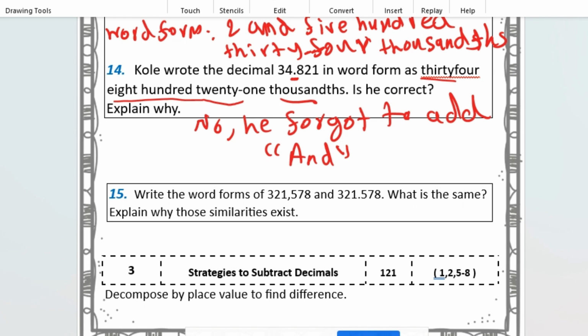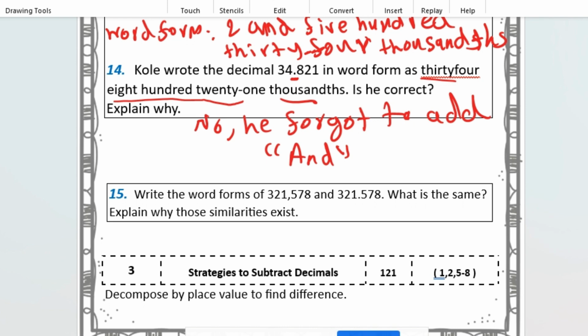Here, this is a whole number, this is a decimal number. They both have 321 because both have the digits 321 in either the thousands period or the ones period.